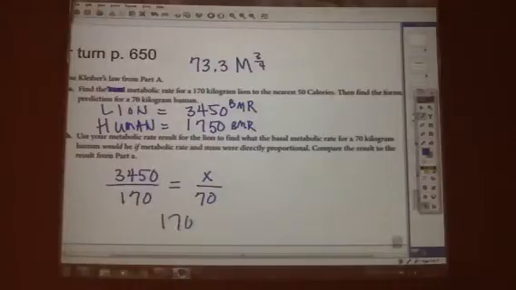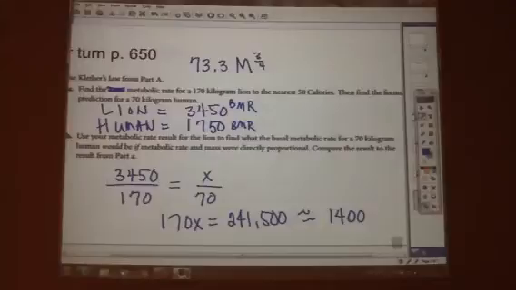So that would be 170x equals, what is 3450 times 70? 241,500. Yes. Divide that by 170. Okay, it's like 1,420 or something like that.